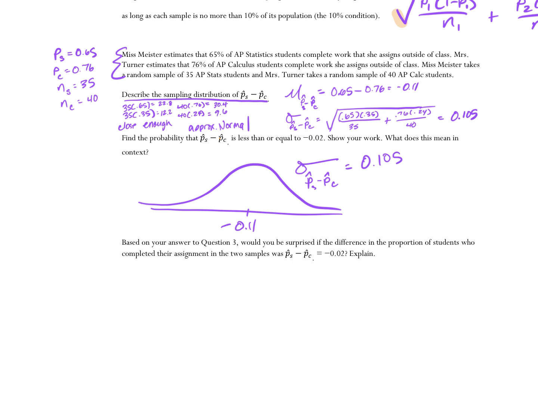So if I want to know what is the probability that the difference is less than or equal to negative 0.02? Where is negative 0.02 on this graph? To the right. Are we all good with that? And then this feels familiar.